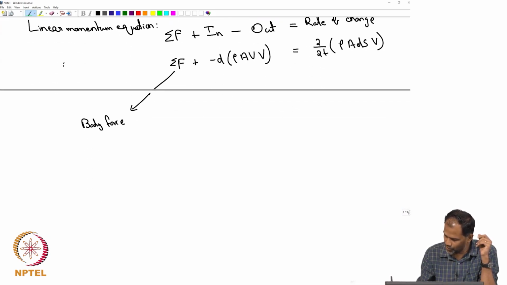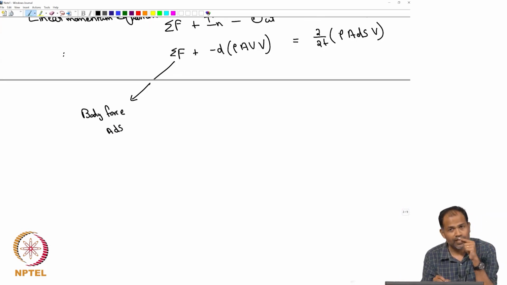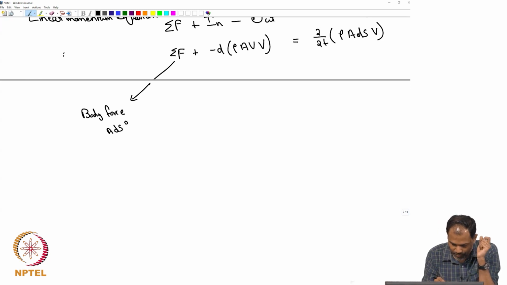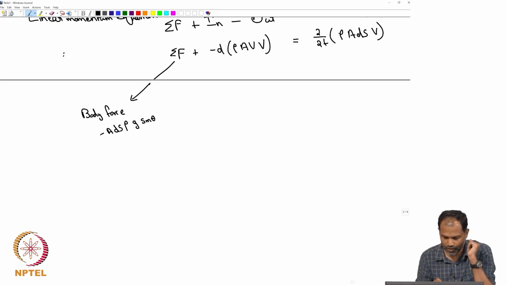So, the body force is going to be area times length, A ds, which gives you the volume, times rho, volume times density, that is the mass, times g sin theta. It is minus g sin theta because it is acting at an angle theta with respect to the horizontal. Now, let me make a smaller diagram here.